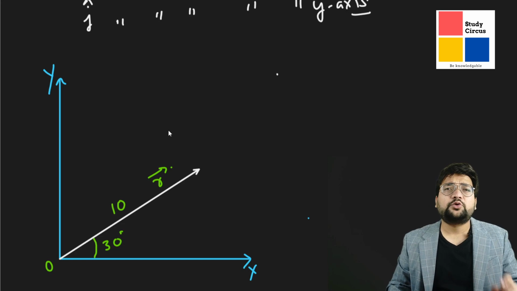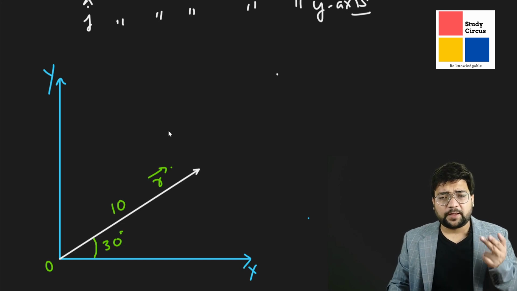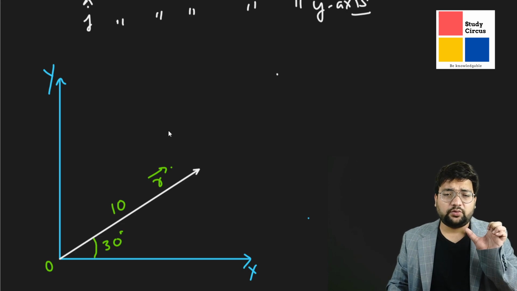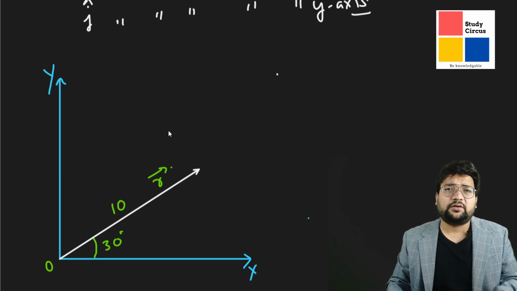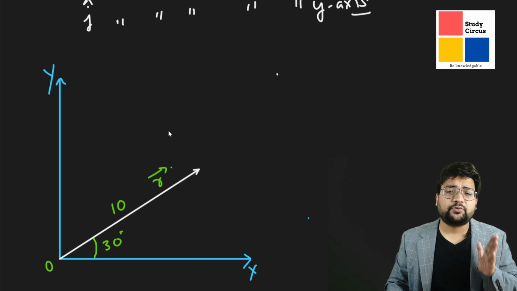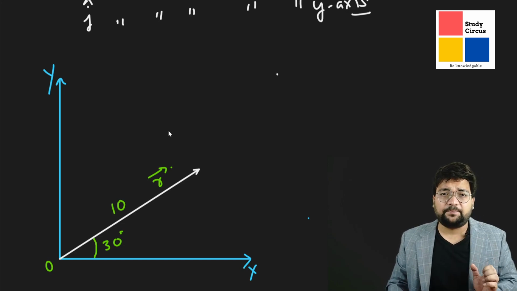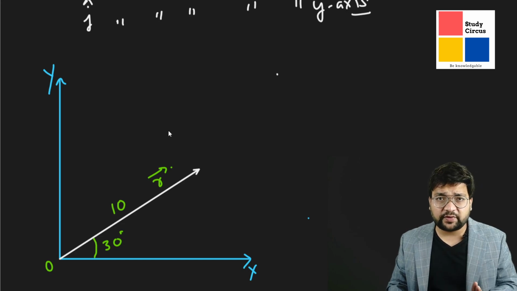Now there are two ways you can describe the vector.